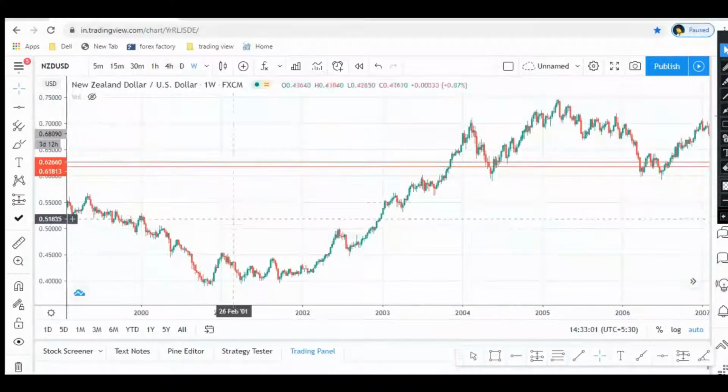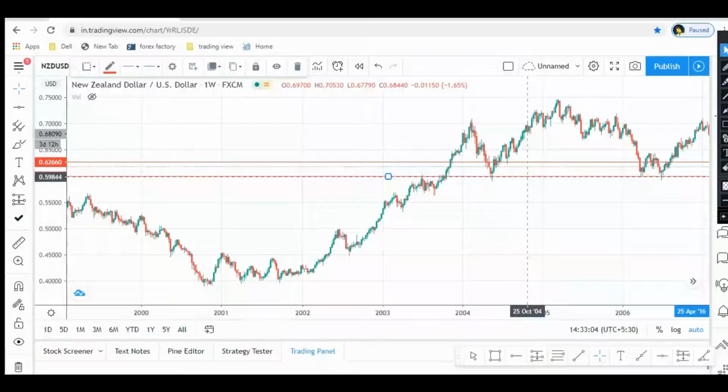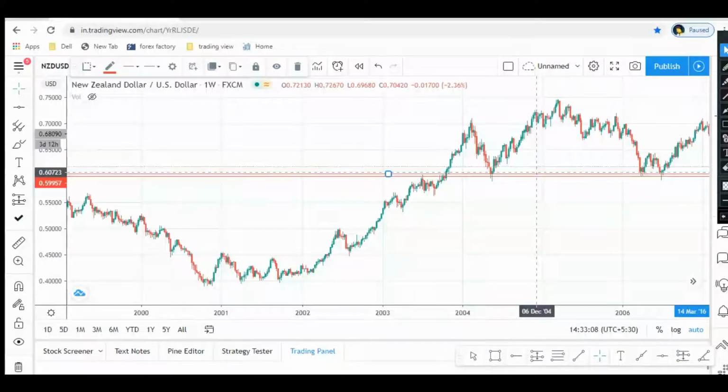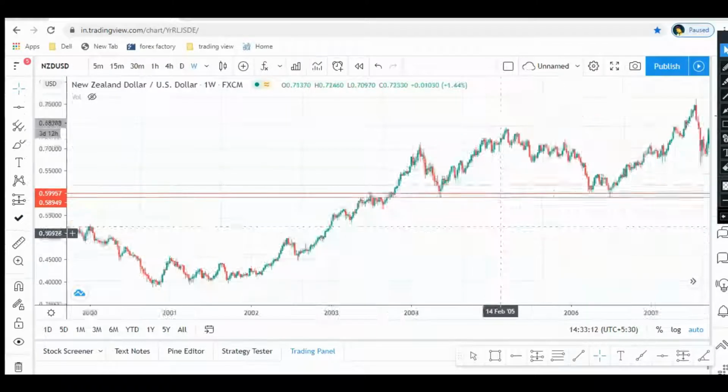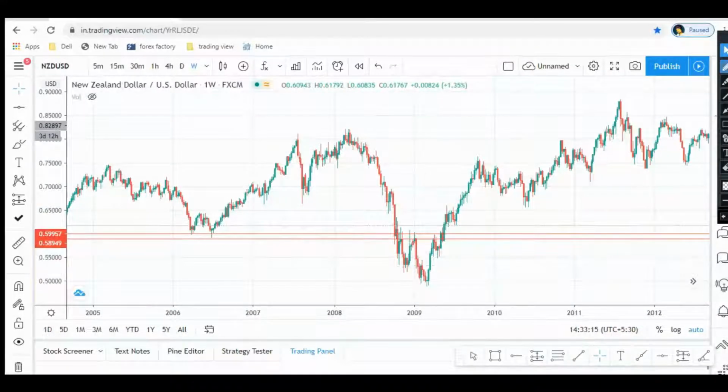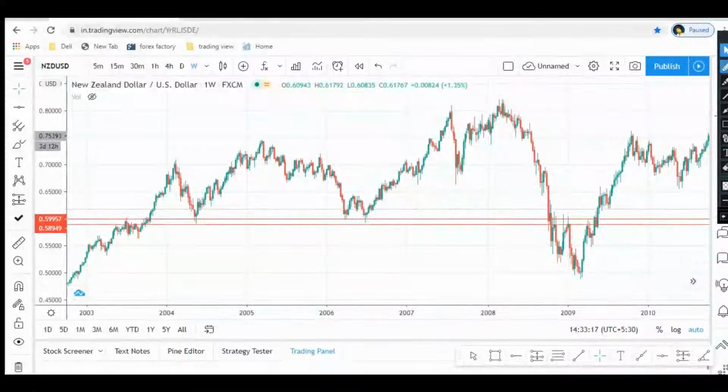So as I can see, this particular zone is stronger than the previous one, because it acted, you see, one time, two times, three times, and after breakout, as resistance.